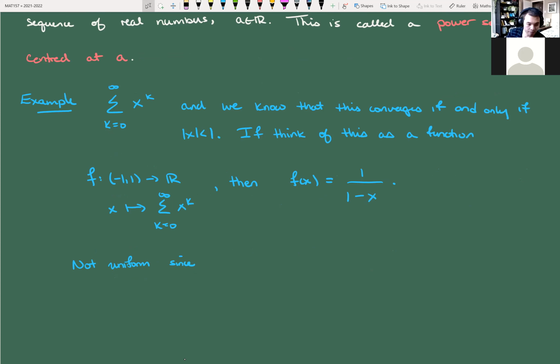And the reason for that is that the partial sums are all bounded on (-1, 1). These are just polynomials, so they're certainly bounded.